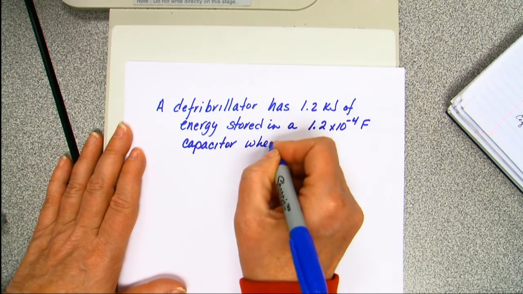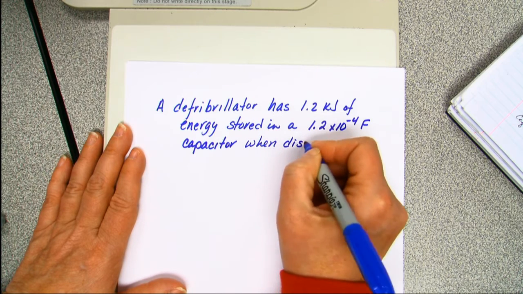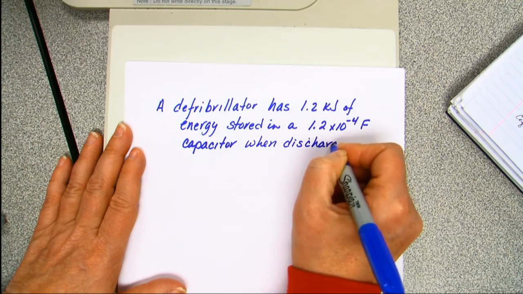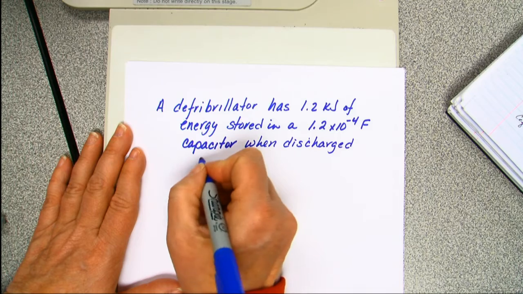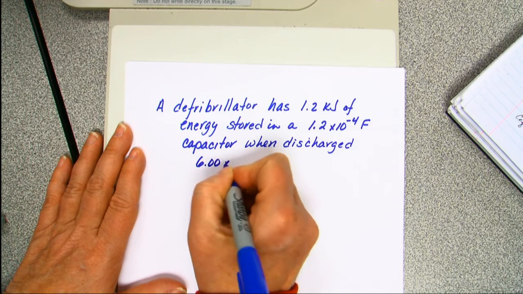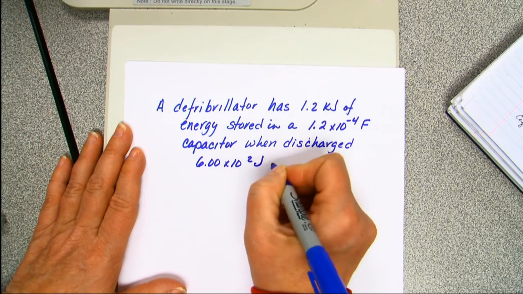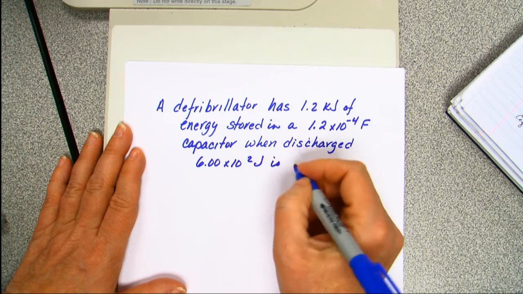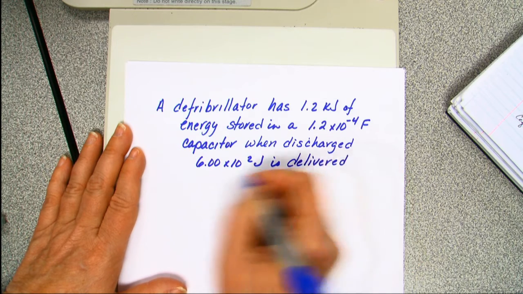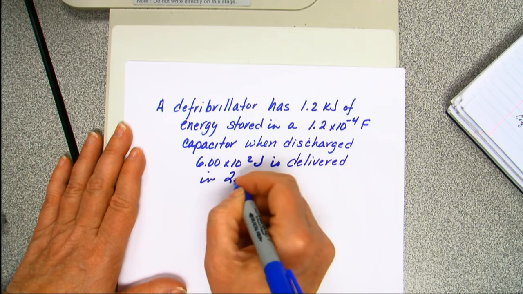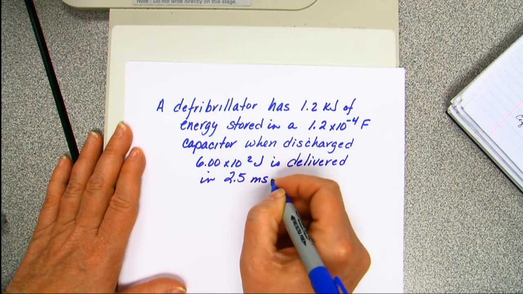When discharged, 6.00 times 10 to the 2 joules is delivered in 2.5 milliseconds.